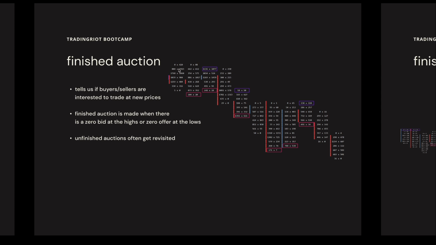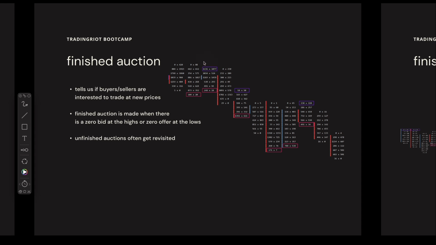So obviously you can see that in here, market ticks to the upside. There is 0 for 20 and 0.88. This is telling us that there were buyers, but there was no interest for this to continue higher.